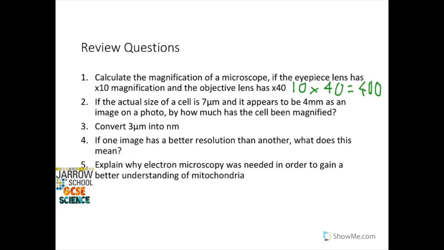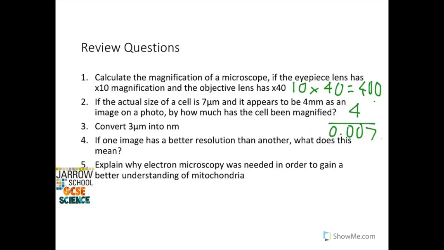Number 2, if the actual size of a cell is 7 micrometers and it appears to be 4 millimeters as an image on a photograph, by how much has the cell been magnified? So what I would do here is I would draw my triangle, so AIM, and what I've been given in the question is the actual size, which is 7 micrometers, and I've also been given the image size, which is 4 millimeters.